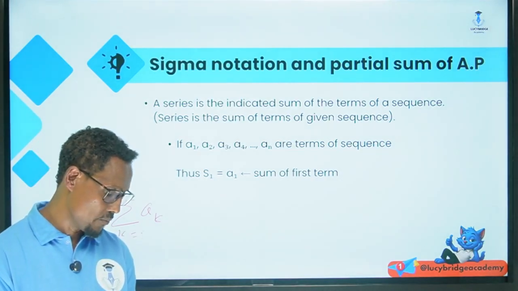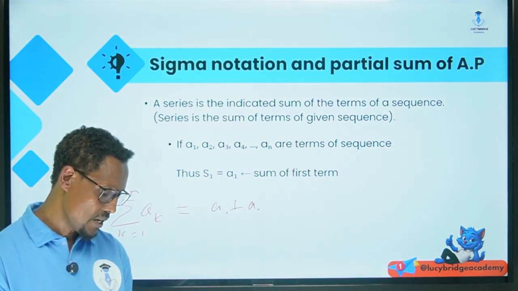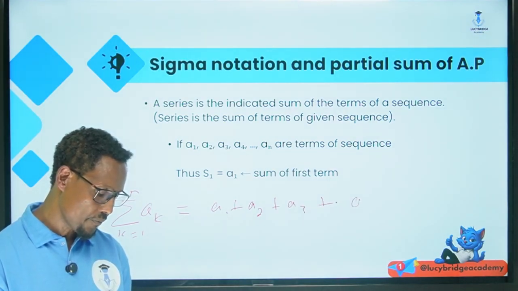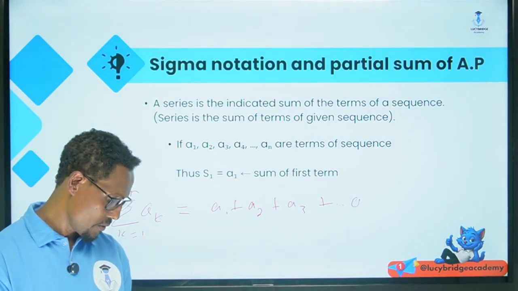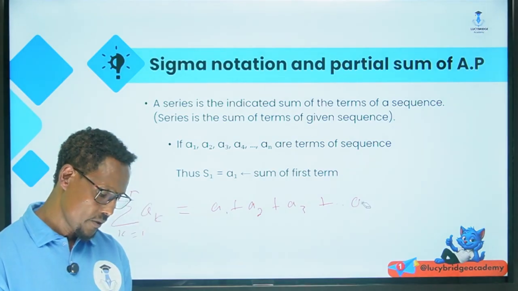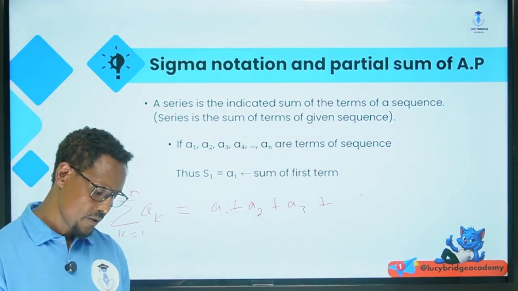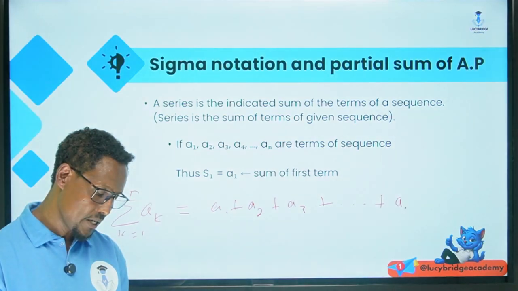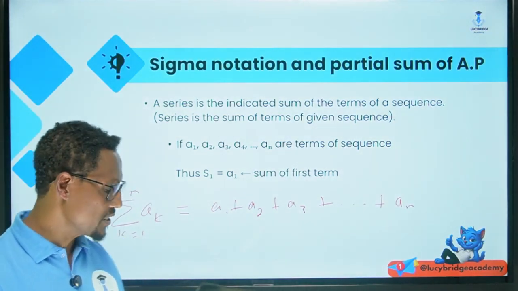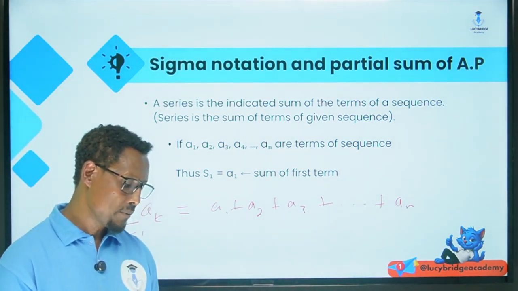K starts from 1 up to n, means A1 plus A2 plus A3 up to AN, plus AN, the sum of the first n terms of an arithmetic sequence, or we call it partial sum.